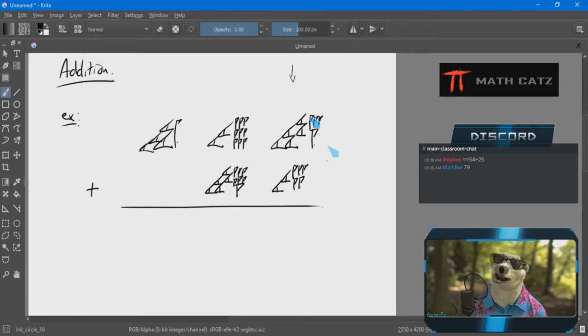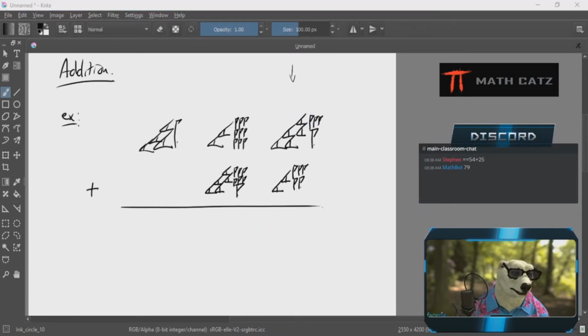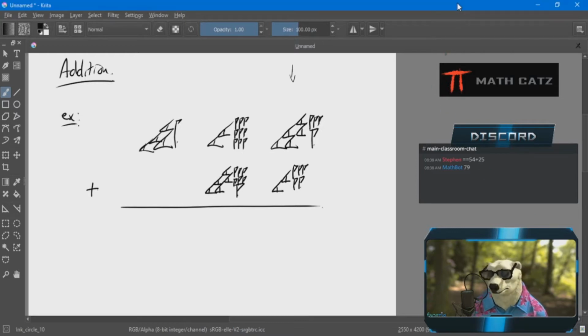But I'm counting in groups of 60, and that 79 is too big. So I need to split it up into a group of 60. So one group of 60 will be carried over, and then I'll have 19 left.